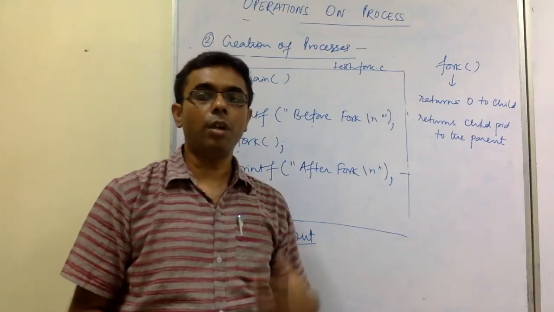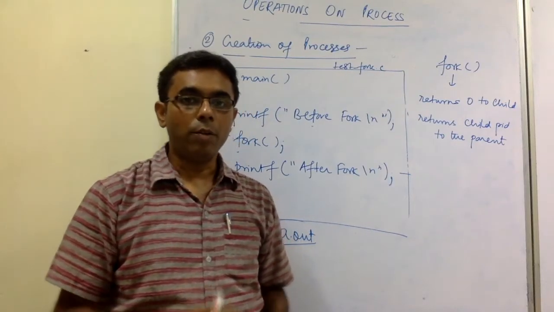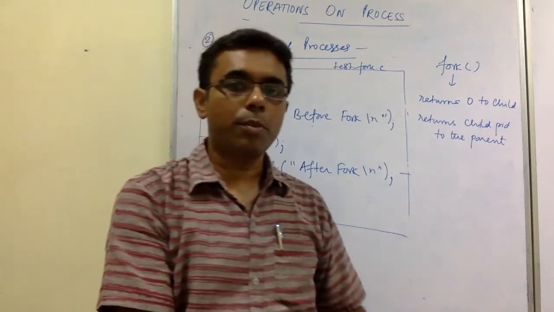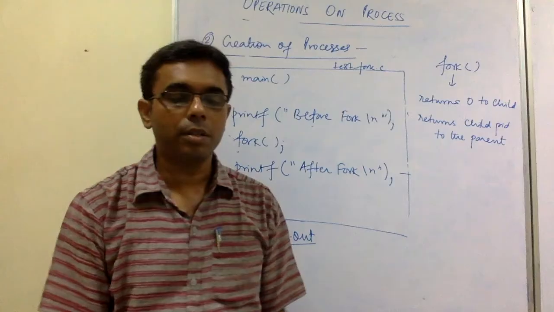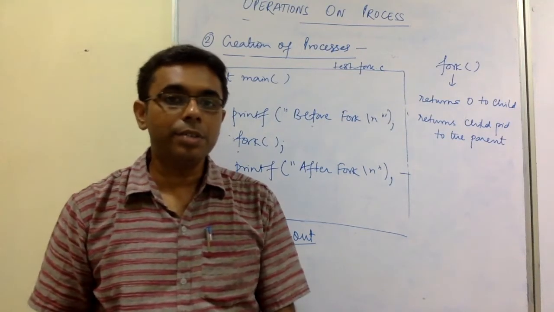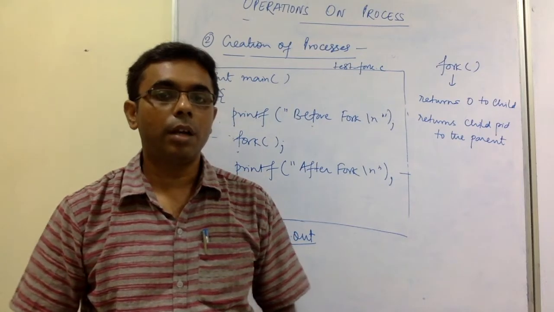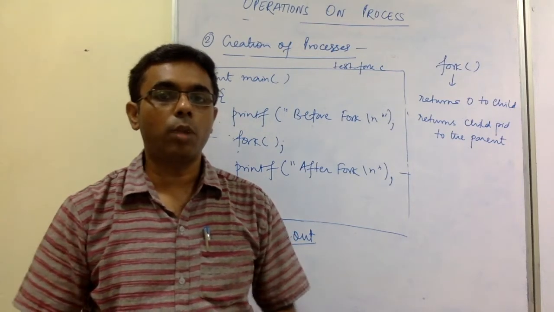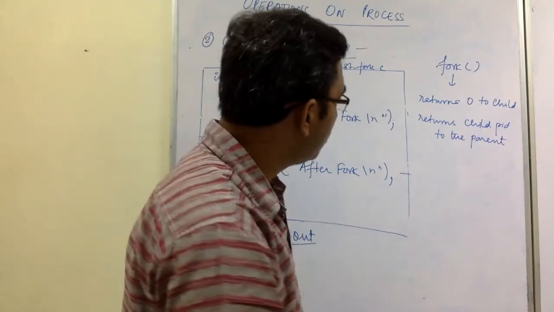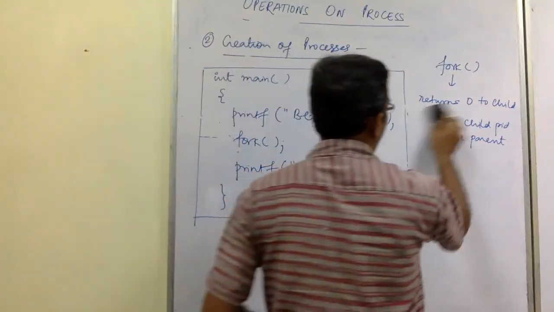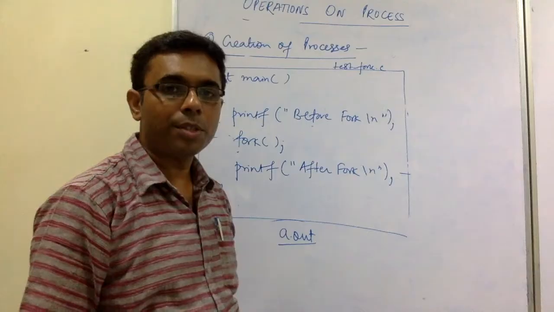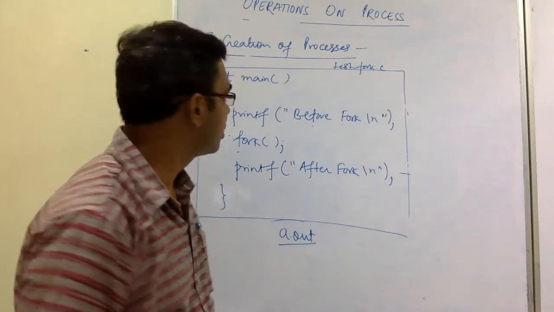The fork system call returns a value both to the parent and to the child. To the parent, it returns the process ID of the child, which is a positive integer, because process IDs are positive integers. And to the child, it returns 0. It just informs the child that, okay, you are the child. So we can make use of this return value of fork to decide whether I am working in the parent process or in the child process. It's a very interesting thing.